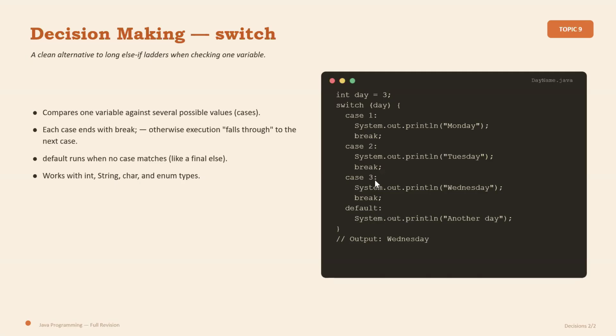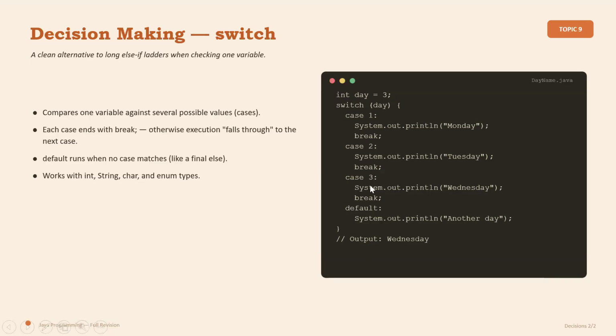In this example, the day is 3. Java checks the cases one by one. First it checks case 1, not matching. Then case 2, again not matching. Then case 3, and 3 equals 3, yes. So Java displays Wednesday on the screen. The break statement then stops the switch immediately.